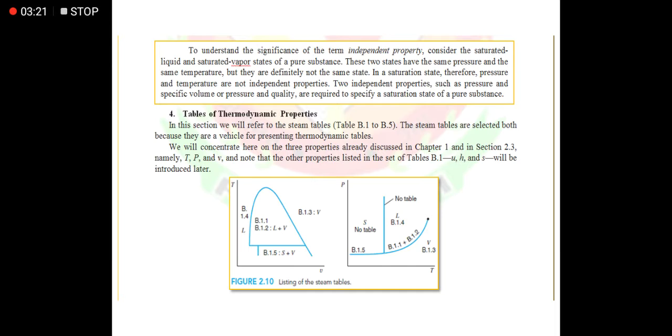Kung wala, pwede kayong humingi sa akin ng copy of book. Paki-download na lang sa Google, and then paki-print yung mga tables natin sa appendix kasi kakailanganin natin yun, okay? Kahit saan nyo gustong, pero anyway, prioritize nyo muna yung appendix B, okay? Kasi magamit natin siya sa prelim exam, okay? So paki-print lahat yun siya.